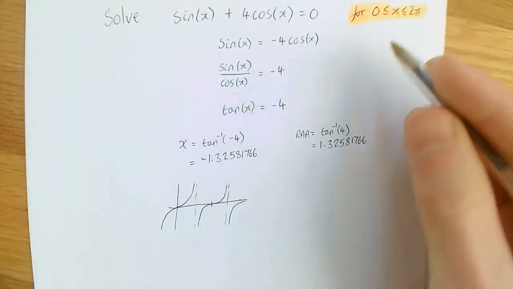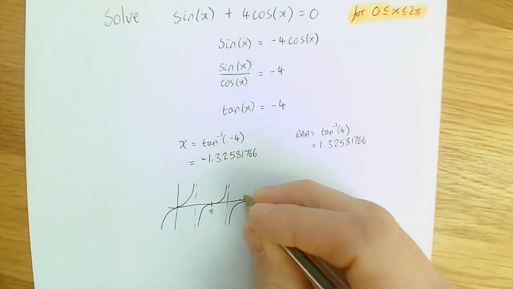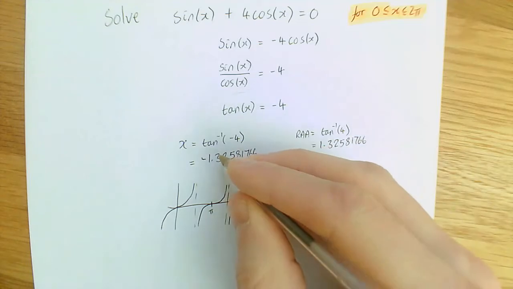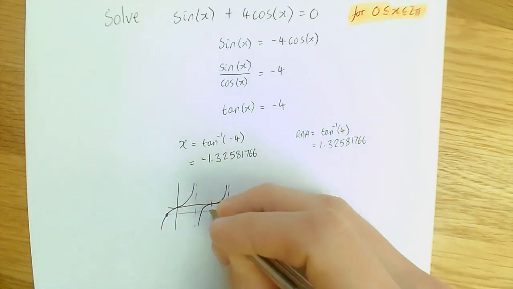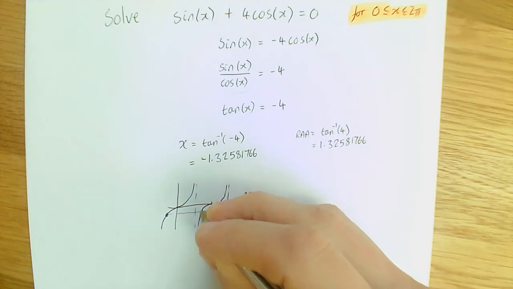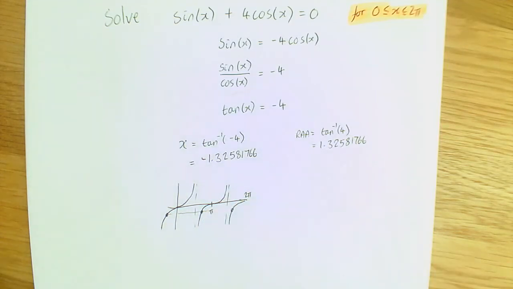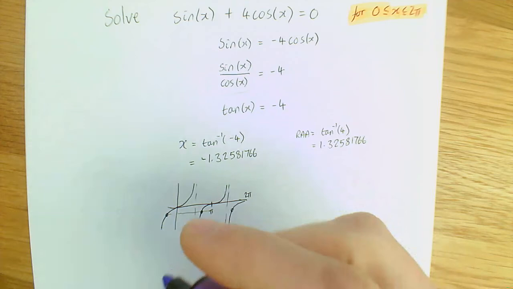Remember, we're in radians, so that's pi, and this is 2 pi. Our first angle is minus 1.32. That's somewhere over there. So our other angles are there and there, in the bits of the graph that look the same.